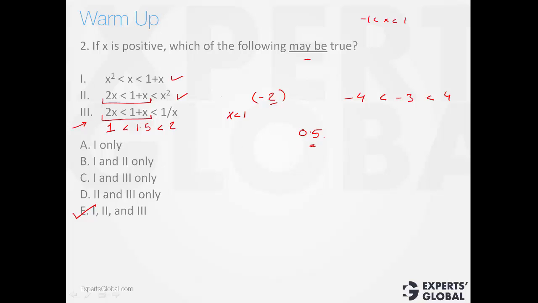Now imagine if we had not taken this case of 0.5 separately, then probably this statement may not have sounded correct. And this is a mistake that a lot of students would commit, that while taking examples, intuitively we don't take fractions. That is a shortcoming in our approach generally.